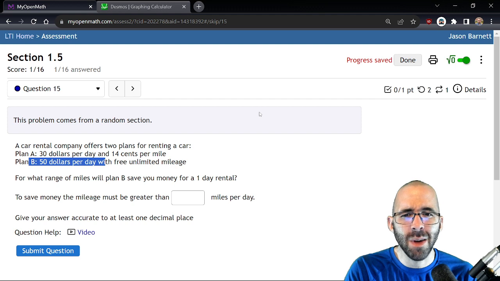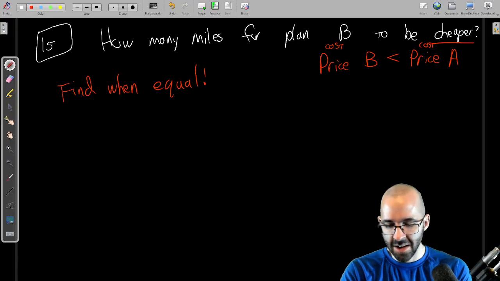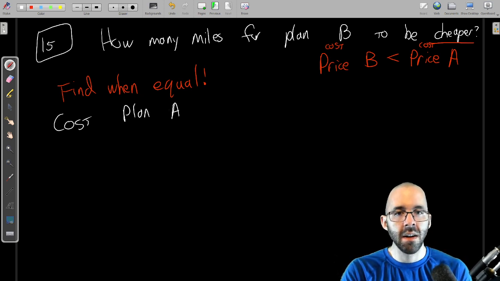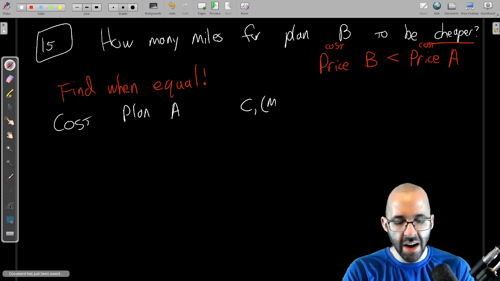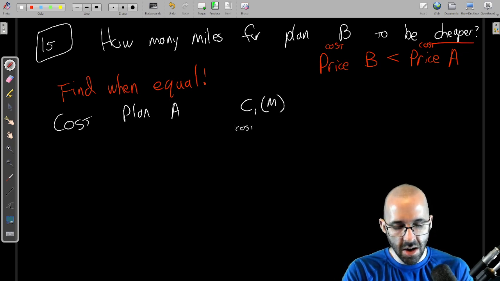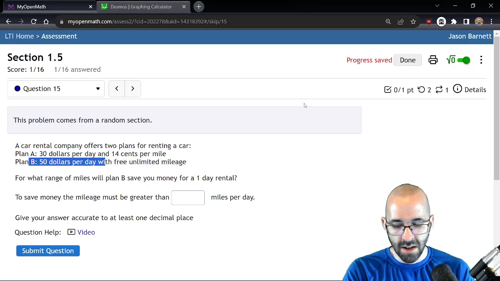We don't have the functions written down. Well, let's do it. What's the cost of plan A? Let's call that C1, cost function number 1, and it's a function of how many miles you're going. Right, that's cost. This is miles. What's that going to be?